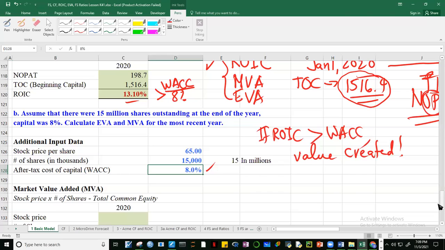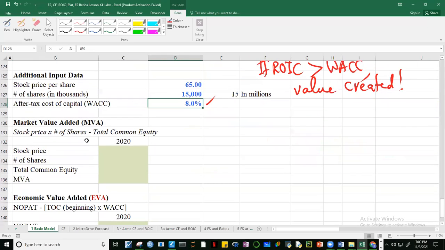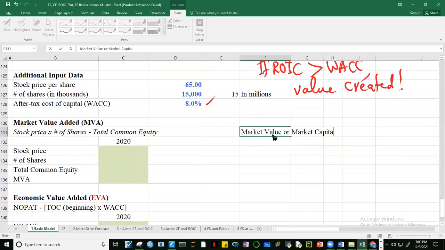Okay, let's first compute for the market value added, and we have the formula here. The formula tells us that we have to compute for the market value, or we call it market capitalization.